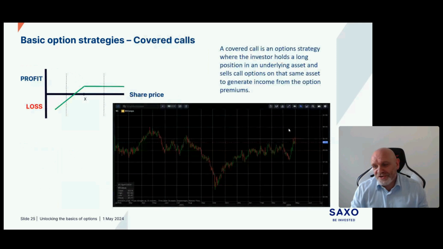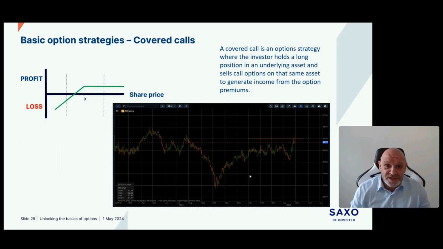Then a short notice on covered calls. Covered calls, with a share such as Coca-Cola, which is shown here in the graph, is usually a strategy where you sell calls, you sell those options, and so you give somebody else the right to buy your stock at a certain price.